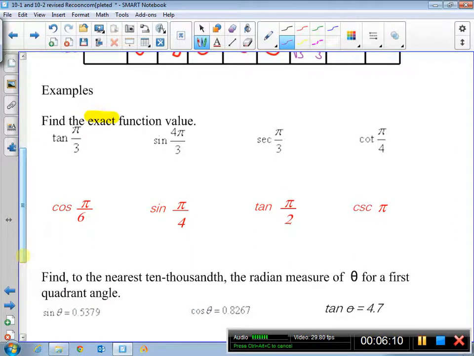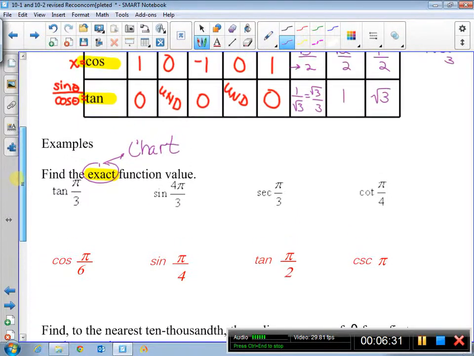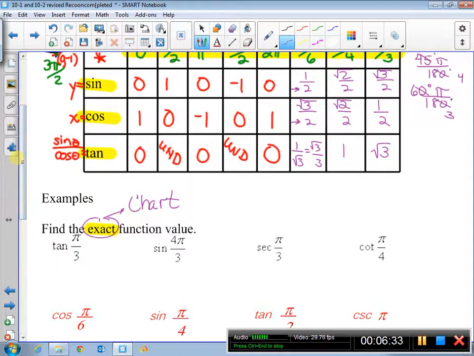All right, so now we're going to try some examples. Now remember, you have to be able to read, you have to be able to notice things like find the exact function value. And that's the French phrase for use a chart. There you go. So the tangent of pi over 3. Once we have our chart made, we can just go and look.